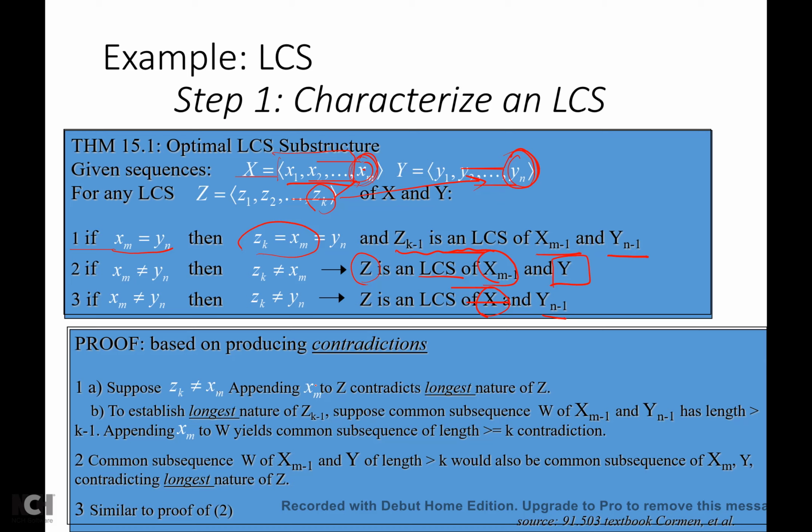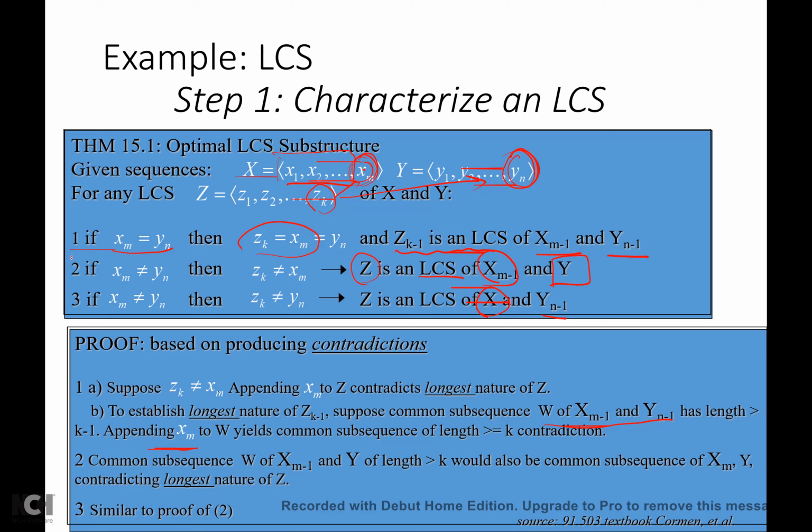Because what is the longest one? Zk minus 1 is the longest one. You add one more there, it's not longest anymore. To establish the longest property of zk minus 1, suppose a common subsequence w of xm minus 1 and yn minus 1 has length larger than k minus 1. Appending xm to w generates a common subsequence of length greater than or equal to k, which contradicts what we have, the longest common subsequence.